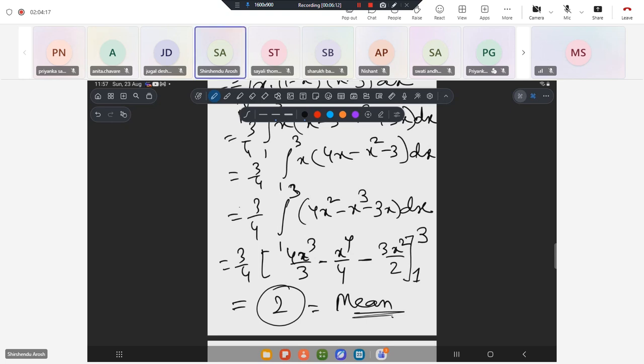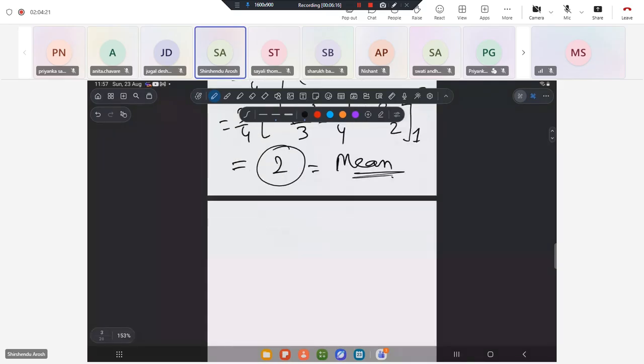What about the variance? For the variance, first obviously we need to calculate the E of x square, which is the integral from 1 to 3 of x square fx dx. Of course, I'm not writing this same thing again. Typically, I should write minus infinity to plus infinity of x squared fx dx. Same, right?